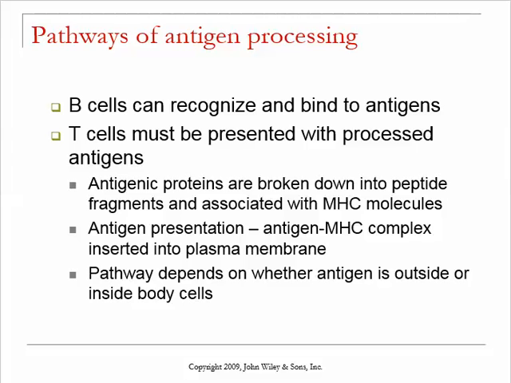So they only react to fragments of the antigen that gets associated with the MHCs, and it happens to be the MHC 2s that will evoke the response, and antigens in the MHC 1s flag the cells for attack.